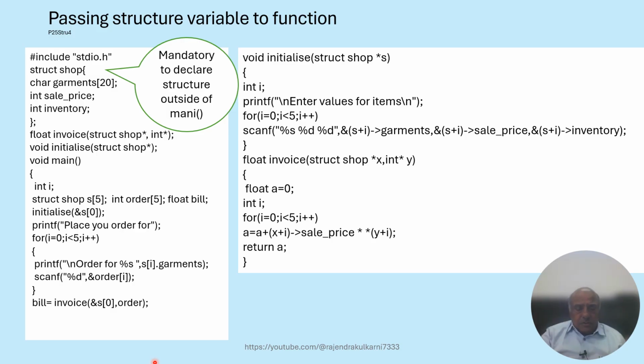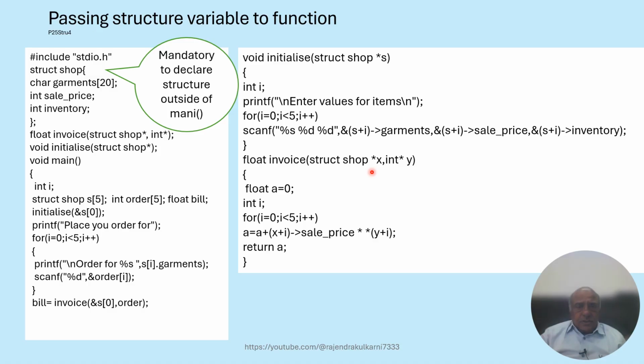How this function is defined, we can see here. float invoice(struct shop *x, int *y).